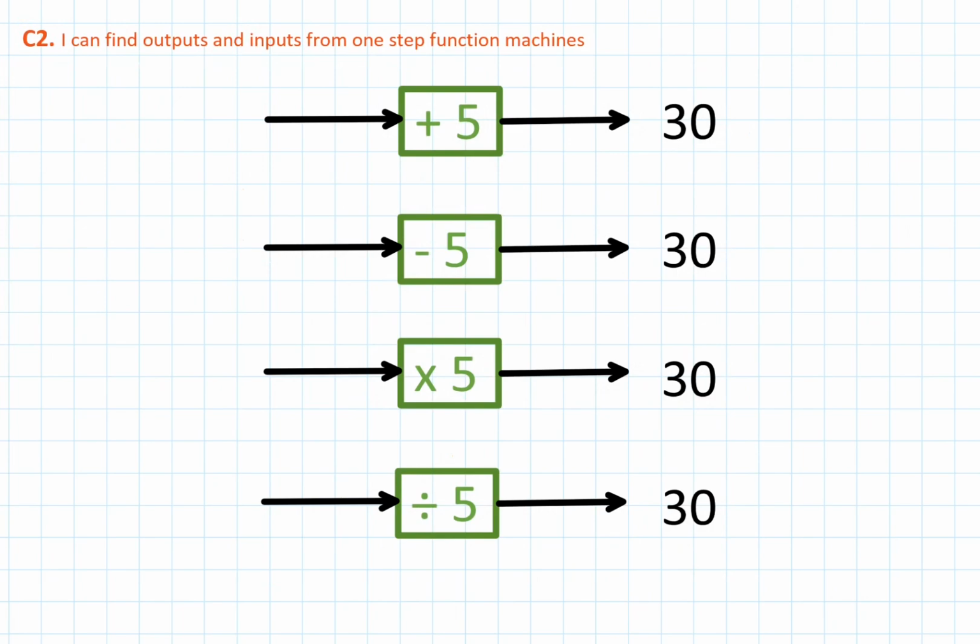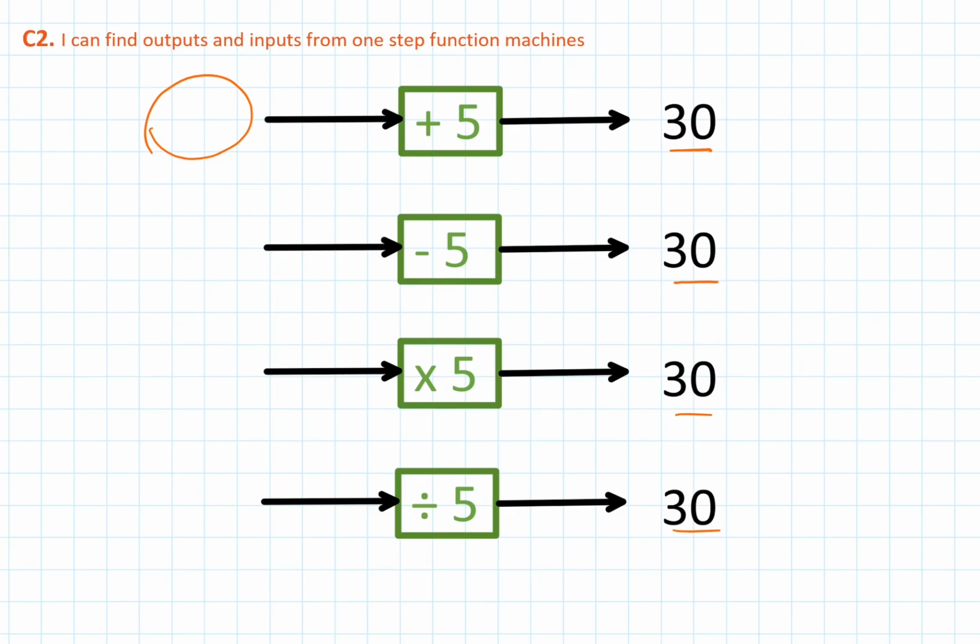Let's now look at what we can do with function machines. We can work out what was the original input if we know the output. So in these questions, we know the output, it is always 30, but the function was different in each case. And to work out the input, we'll have to use the inverse operations to find the original number.